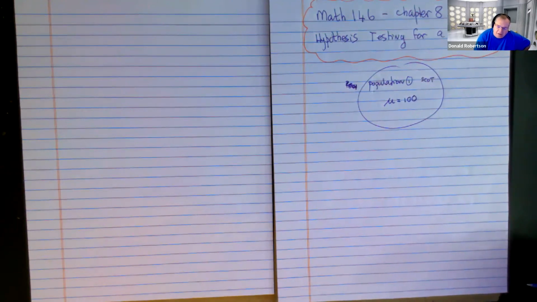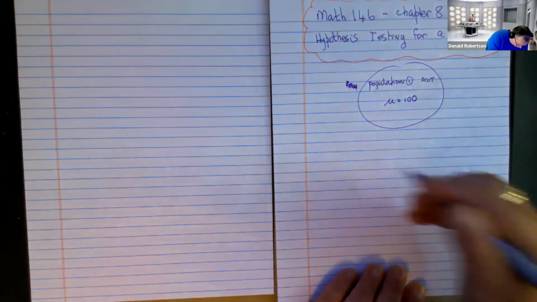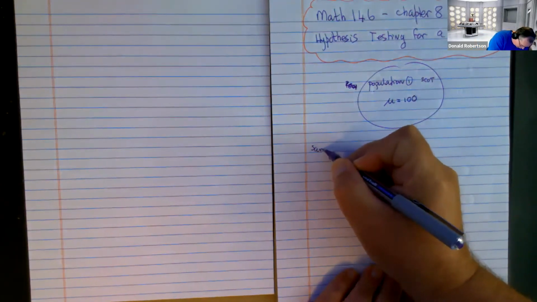But we think now that Scottish people have got more intelligent. Can't think of a reason why they would think that, but they think it's true. And so what we're going to do is a hypothesis test where we are going to see if there's evidence to prove that. So you typically do the usual thing.